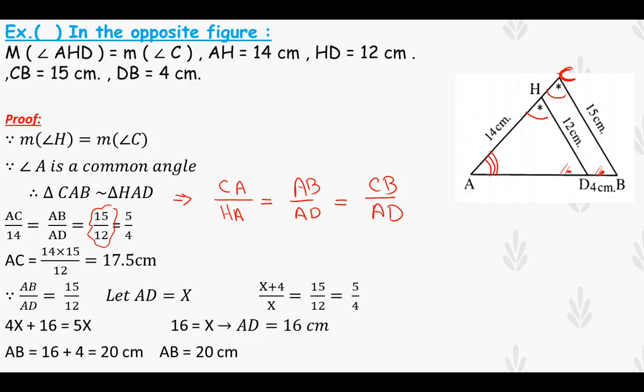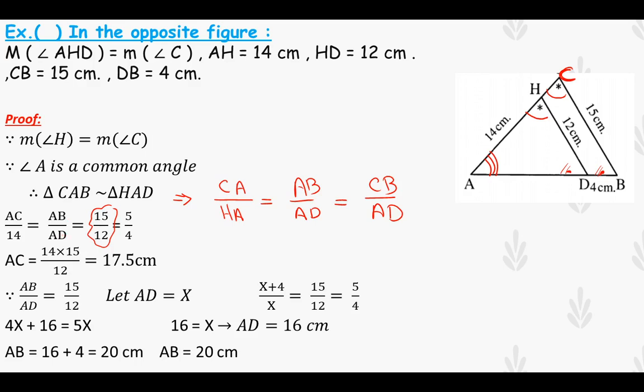Okay, here is one of the important tricks in this example. Here he wants to find the length of AB. We know that AB and AD, both of them are unknown.